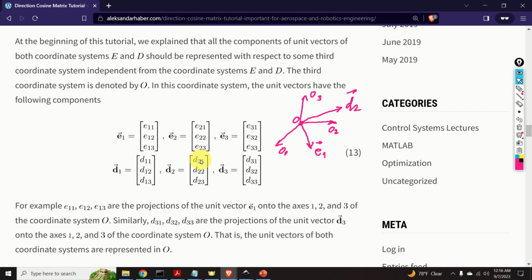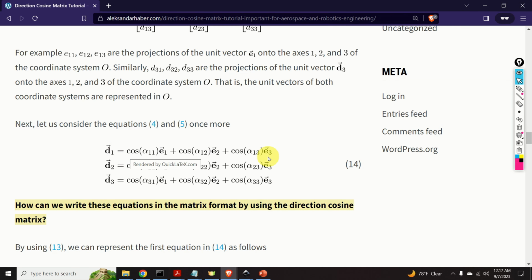Similarly, this component is the projection of D2 onto O1. This component is the projection of D2 onto O2, and this component over here is the projection of D2 onto O3. At the beginning of this tutorial, we derived this equation.